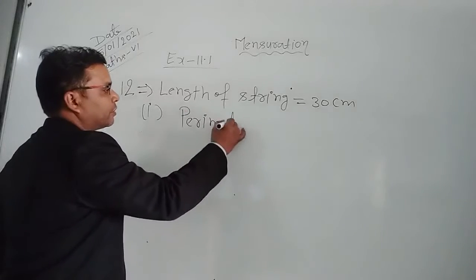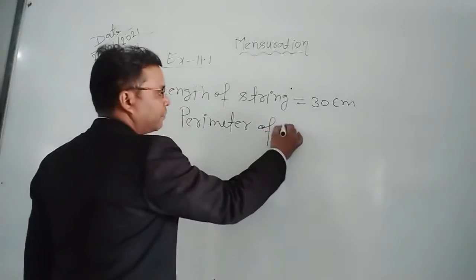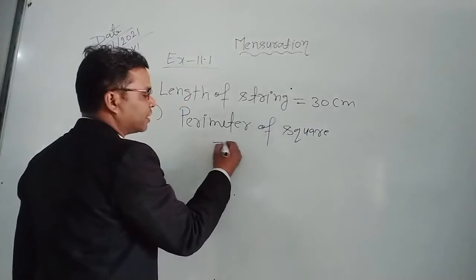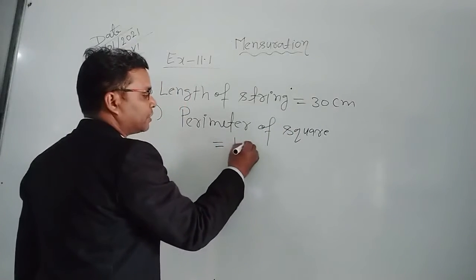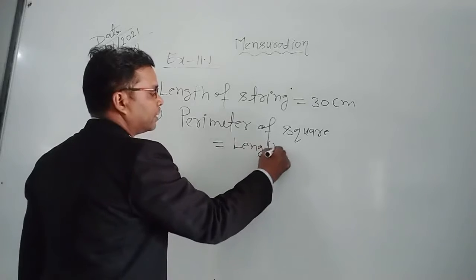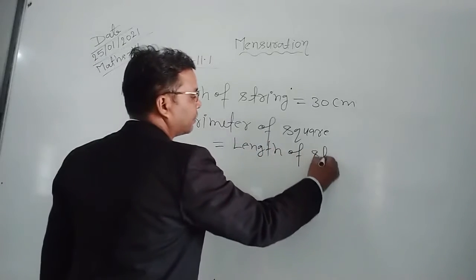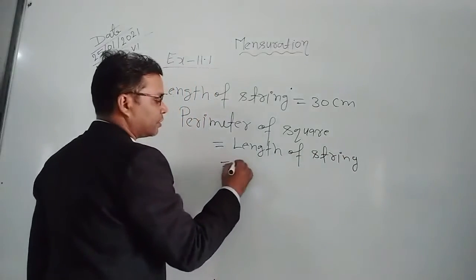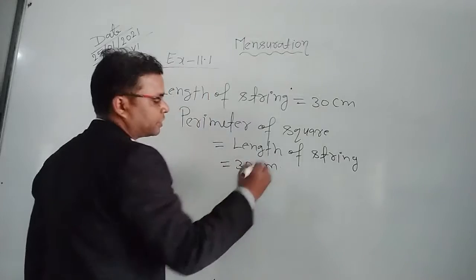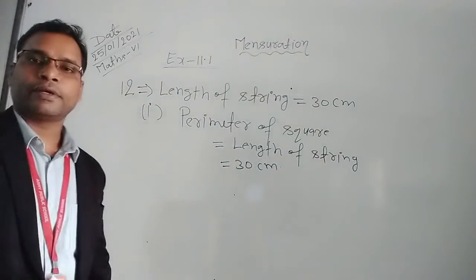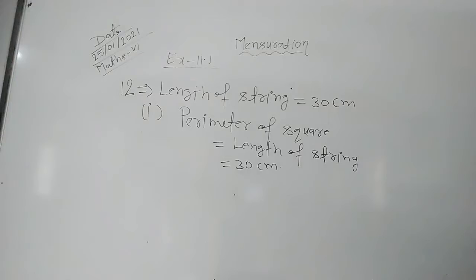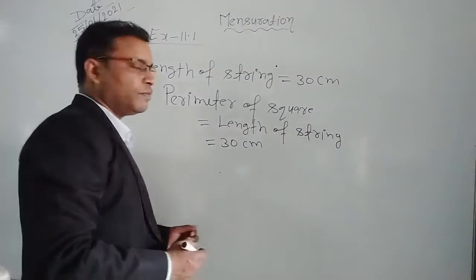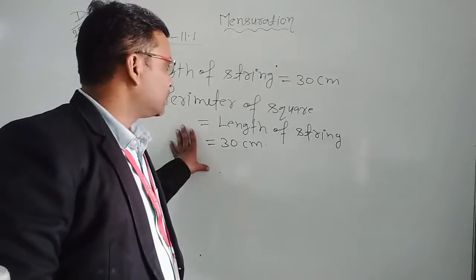Perimeter of square is equal to what? Is equal to, you can write length of string. This is clear? Now we find here side of square.